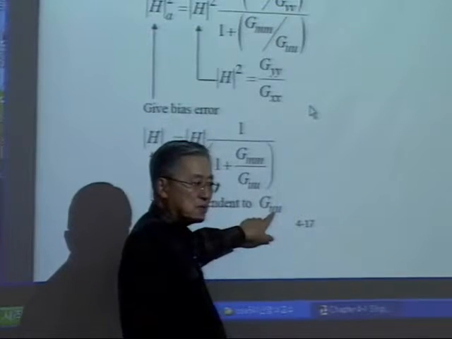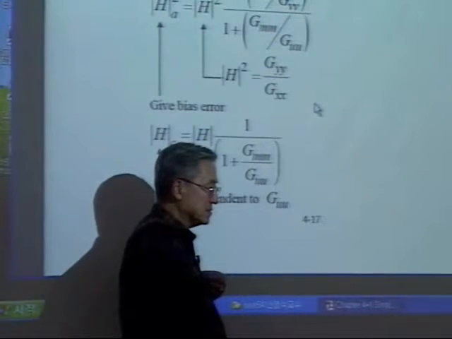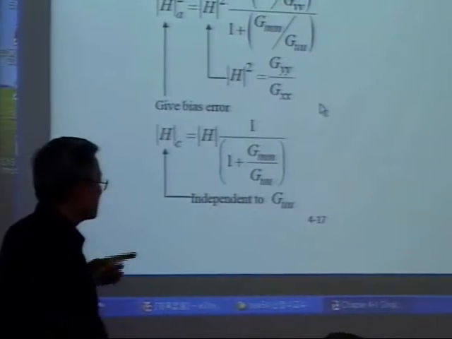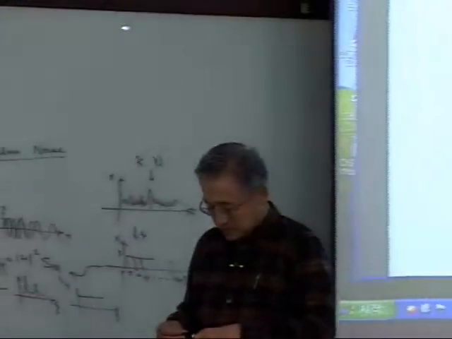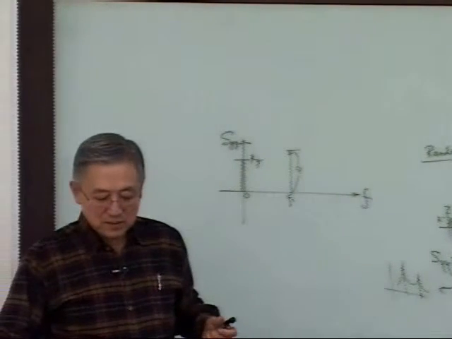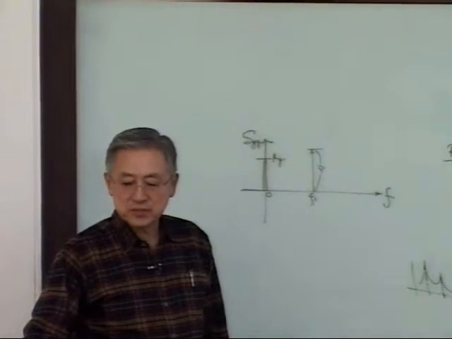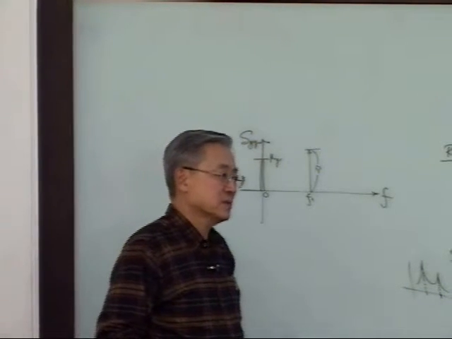This should be NN. I corrected my note, but there is still some mistake. So nobody is perfect. So this is about all the summary for the last two pages, okay? Any questions?